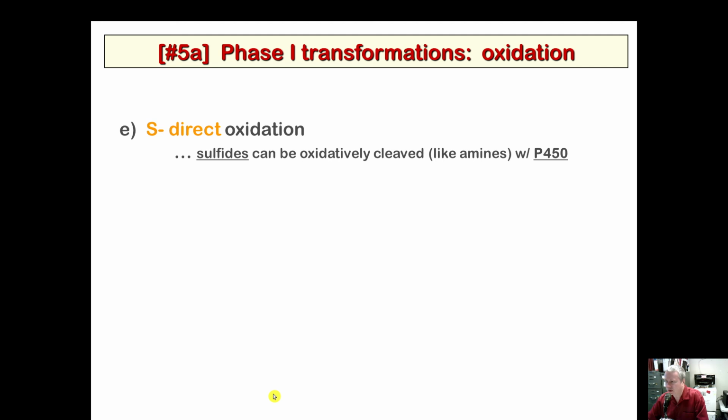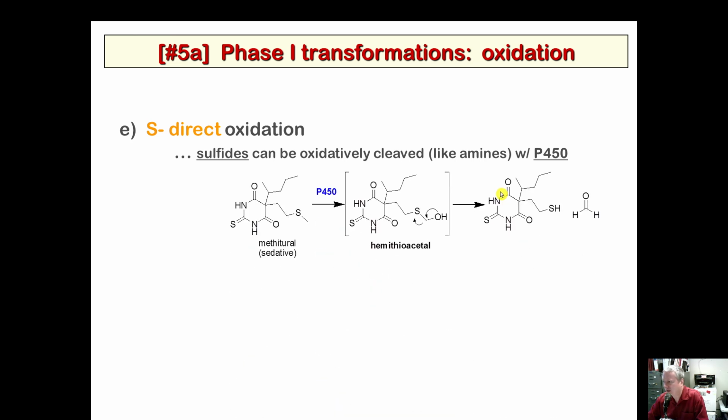Okay, so sulfurs can also be directly oxidized, and interestingly, you have two pathways, and we can do an oxidative dealkylation with P450, just like we did oxidative dealkylation of amines. So P450 could oxidize the carbon and make this not a hemiacetal, not a hemiaminal, but a hemithioacetal.